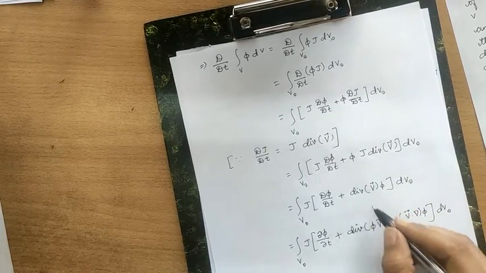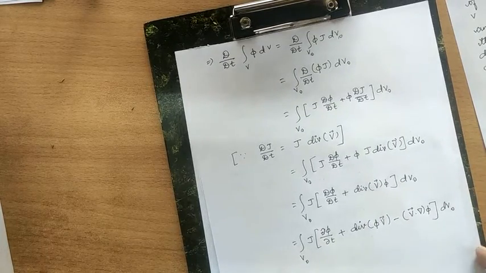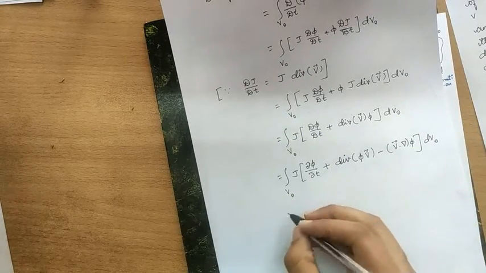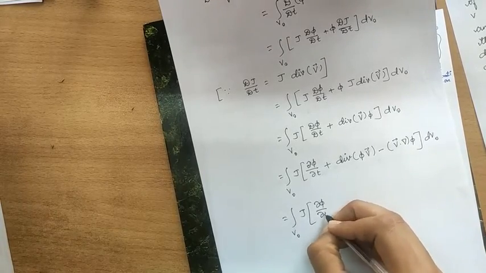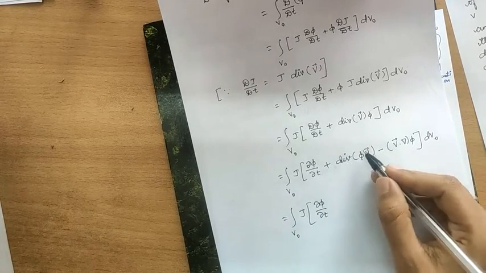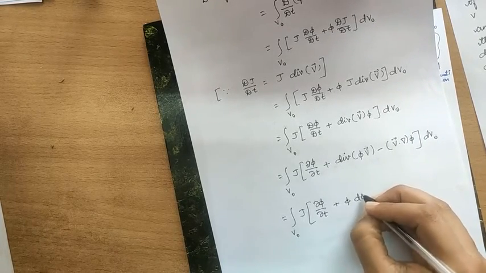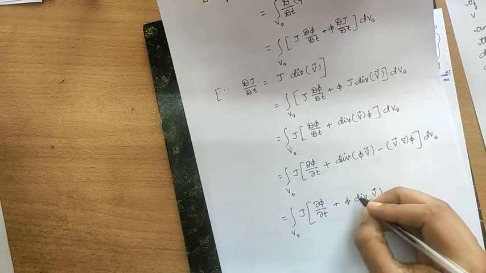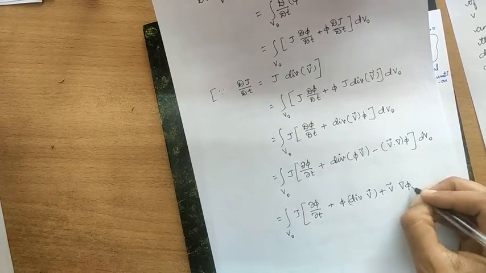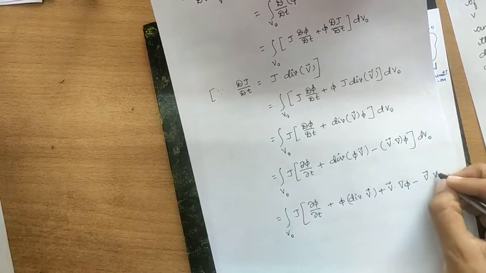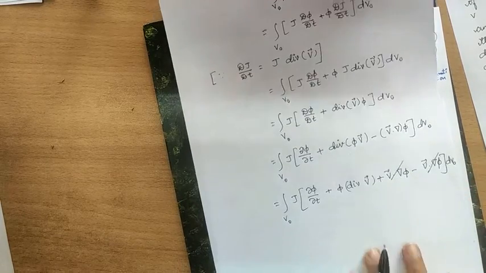Using vector identity, you can write phi divergence v as divergence of phi v minus v dot del of phi. Again, using vector identity, you can write divergence of phi v as phi into divergence of v plus v dot grad phi, minus v dot grad phi, dV0. So this is positive, this is negative, it will get cancelled.